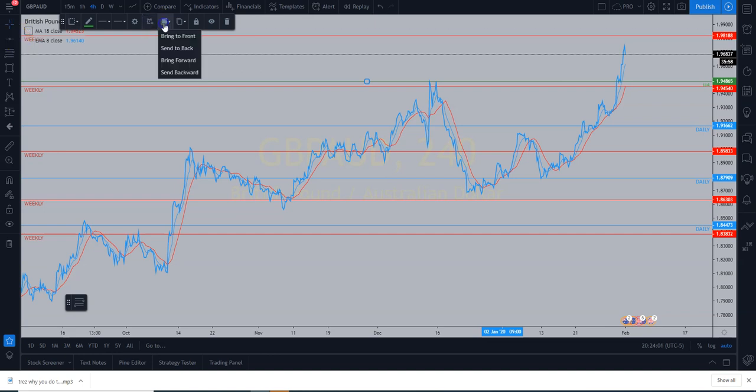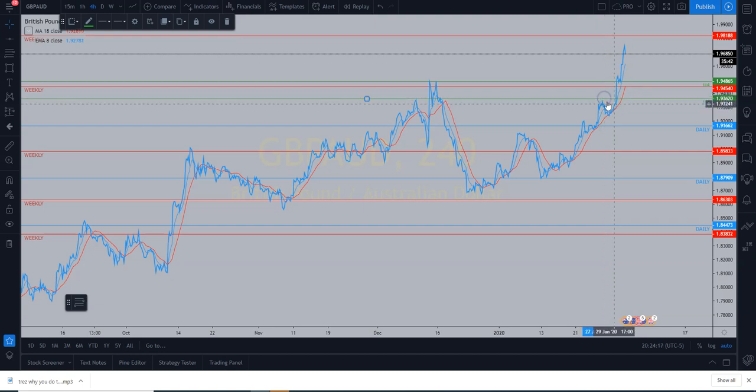Let's see, I'm going to just copy that. So now I can just Control V or Command V for my MacBook users and just paste another one there and it'll automatically say H4. Let's see, resistance here, resistance here. So I'm going to place that right there. Price struggles here as well.